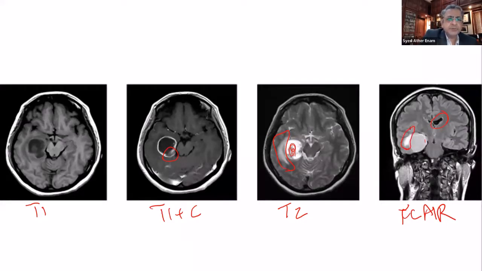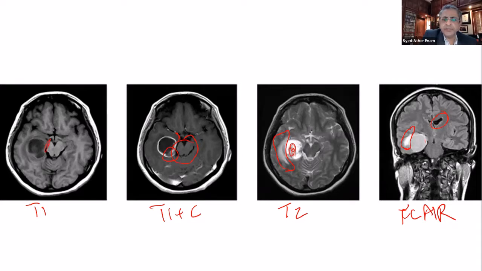The other things that you want to notice, besides what part of the brain, and that depends on the anatomy that we talked about last time. Here you see that it's in the temporal lobe. Here you see the uncus is pushing over here. The brain stem is getting pushed on the side. You can notice this, the right peduncle is affected.